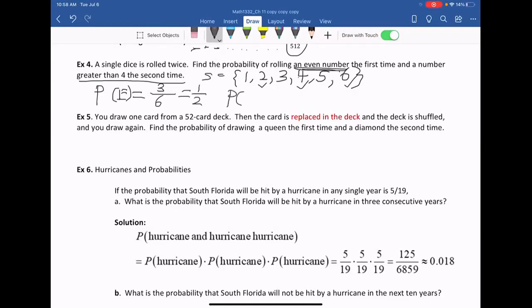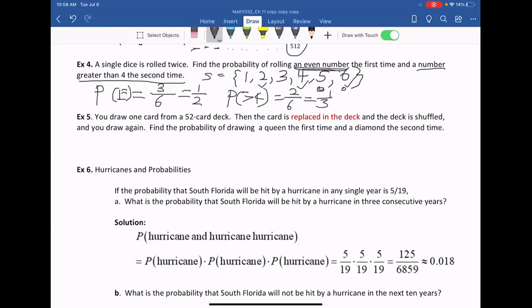And what's the probability of getting a number greater than 4? The numbers greater than 4 are 5 and 6, so we have 2. 2 over 6 is 1/3.